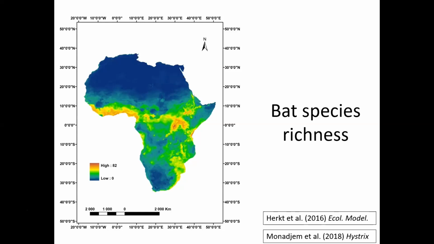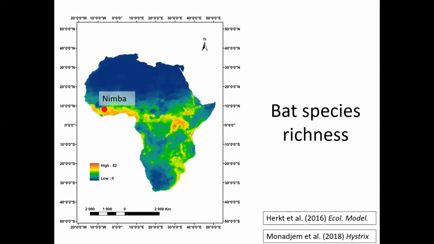This is a map based on work that I published in 2018. But in fact, if you want a better high resolution map, please look at Herkert's 2016 map that he published in Ecological Modelling. So Mount Nimba is situated in a West African hotspot.